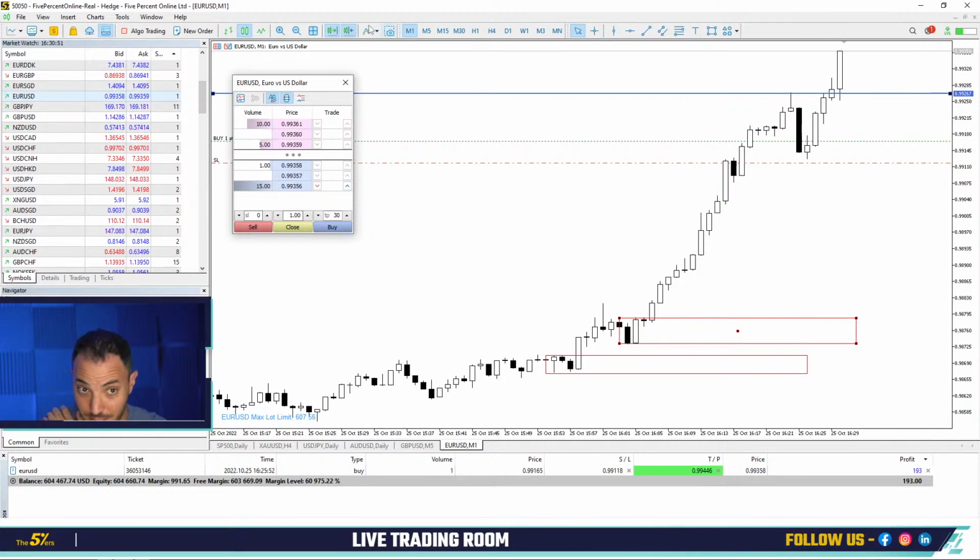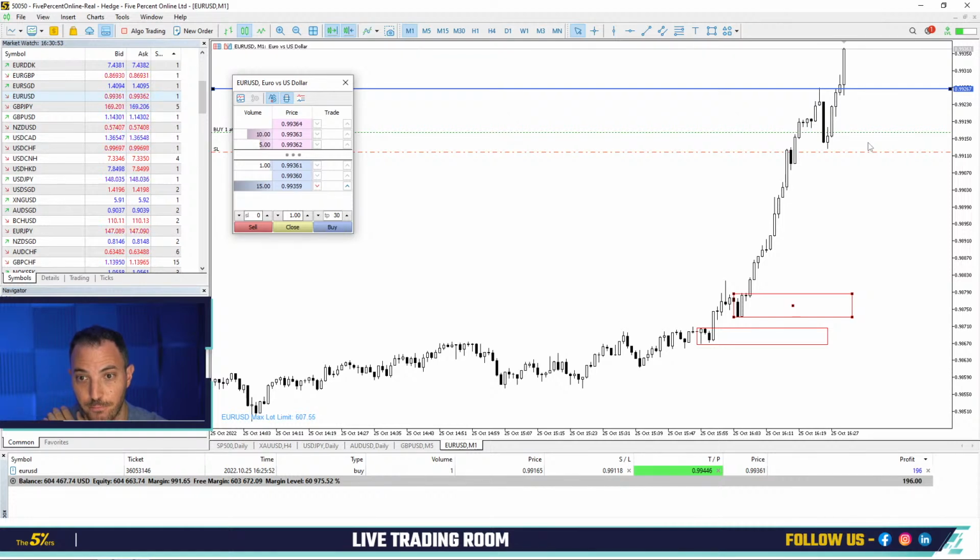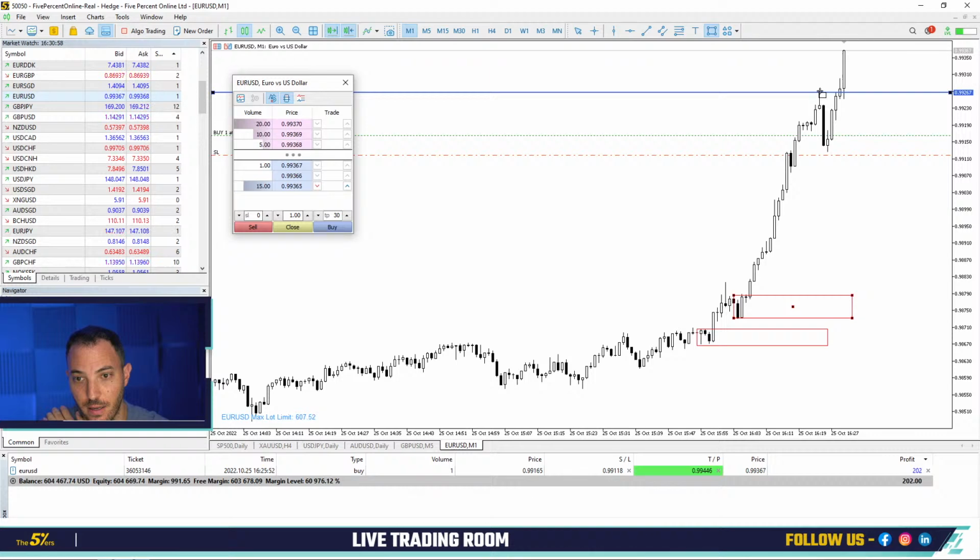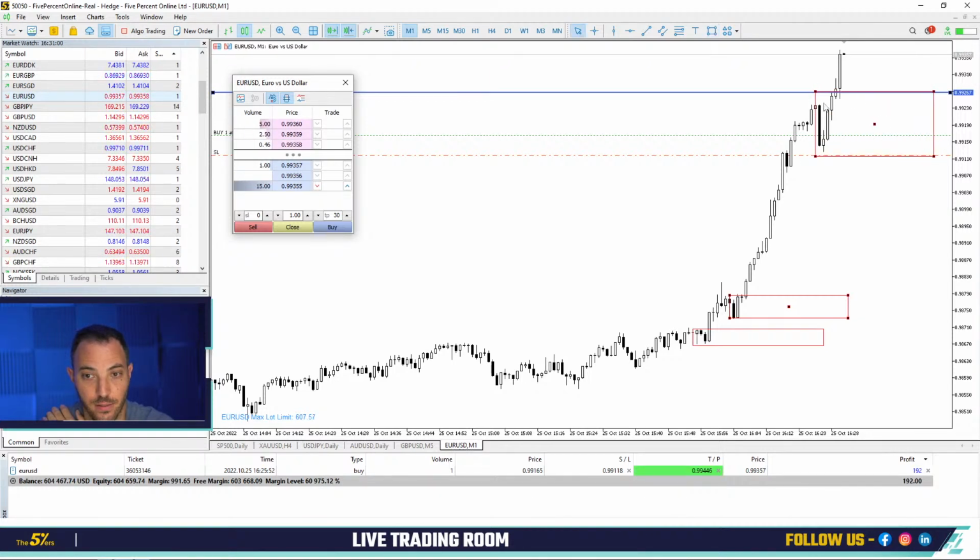Now, this area has now become a new demand on the 1 minute chart, or it's about to become. So pullbacks towards that area are buying opportunities.